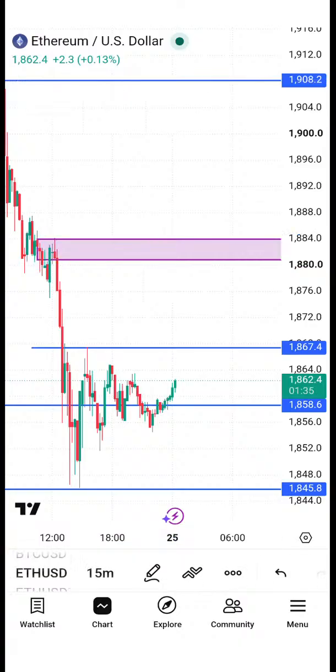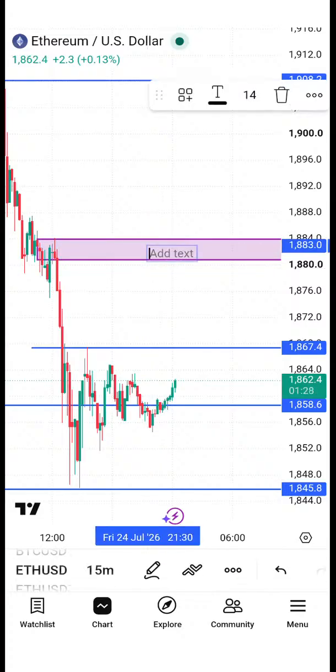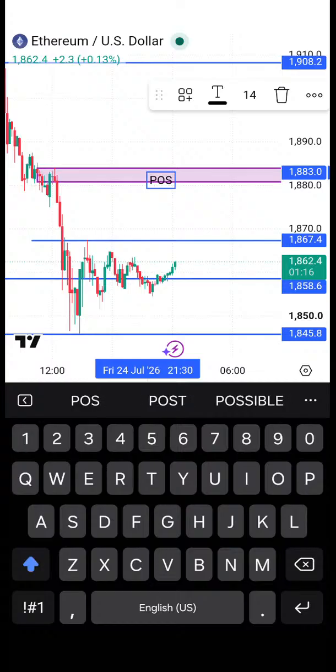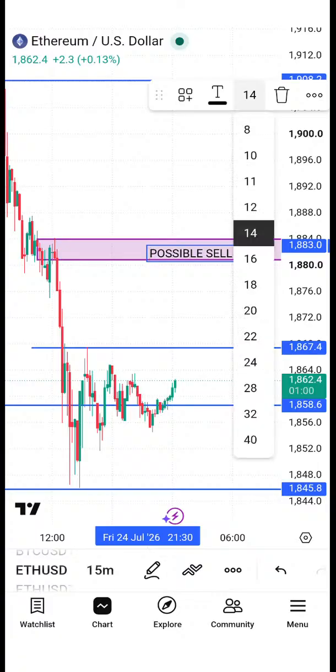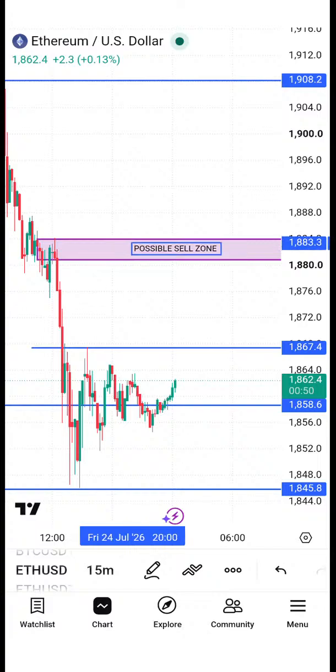Yeah, there's a possible sell entry. Possible sell zone. Yeah, it's a possible sell zone.